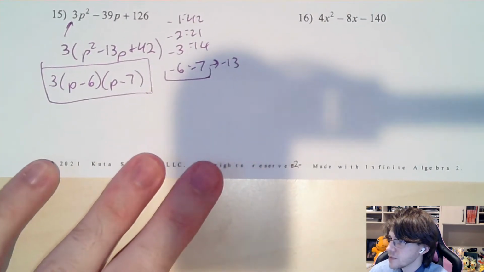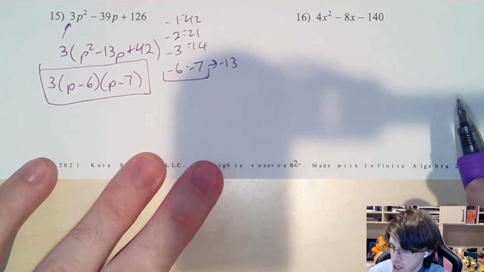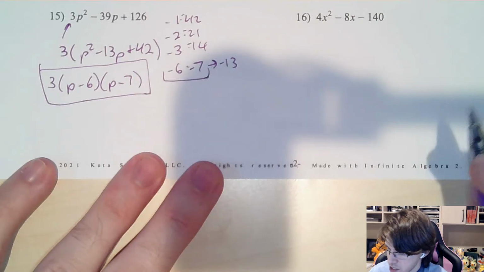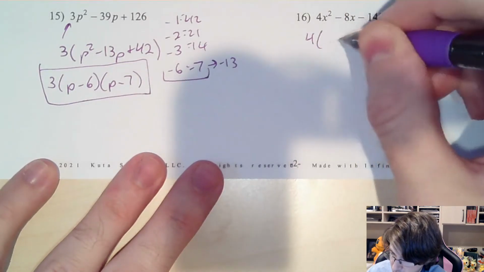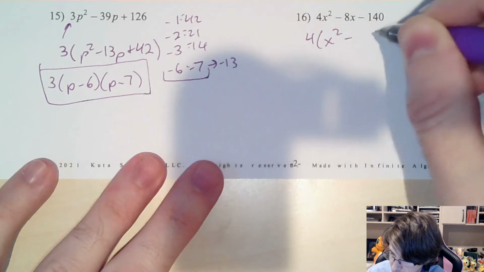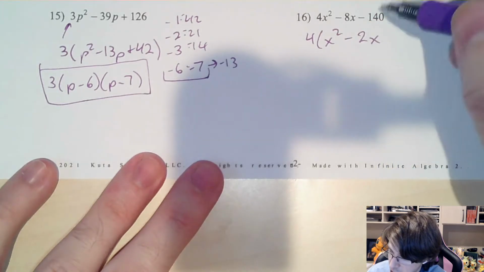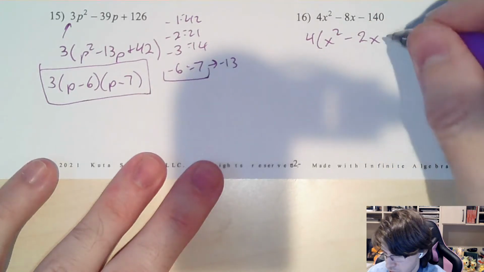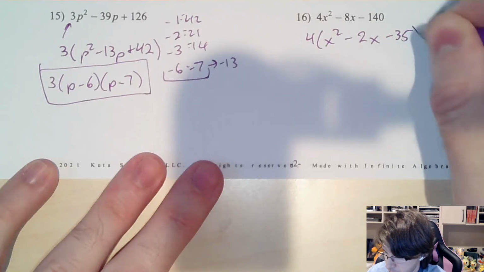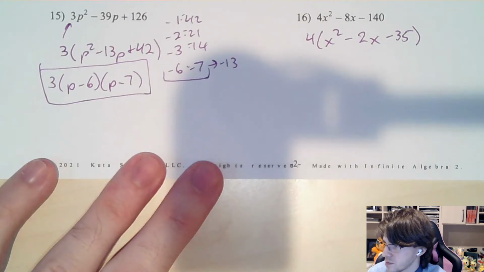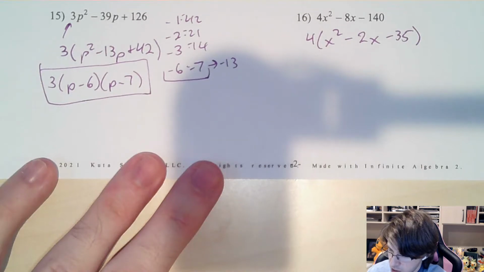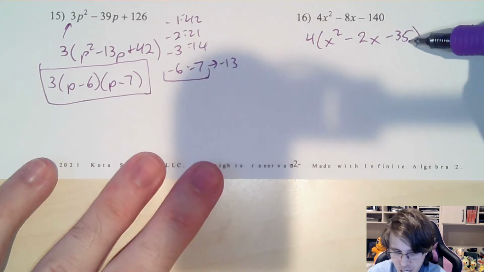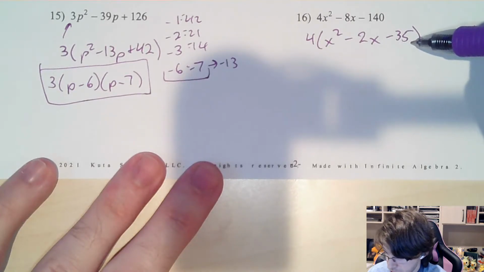All right, so this one, same exact concept. You double check to see that you're able to pull a 4 out of all of them. And if you do that, you get x squared minus 2x, and then minus 35 when you divide by 4. And then what multiplies to 35 and adds to negative 2? 35 and certain ones like it, I always consider them to be the quote-unquote easy ones because there's not very many things that multiply to it.